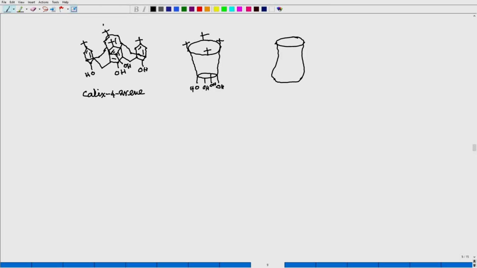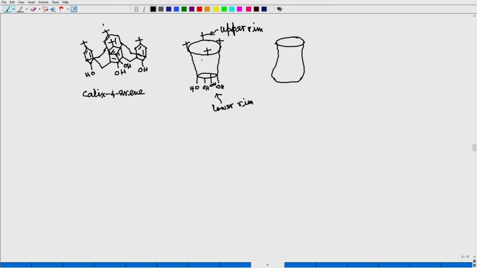Now, second aspect is, okay, I will also describe this. This is called upper rim. Let me write upper rim, upper rim, upper rim, lower rim, lower rim. Okay. So, upper rim and lower rim, and this is the hydrophobic.